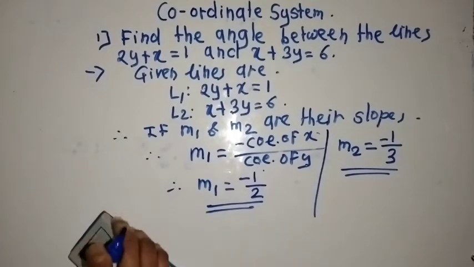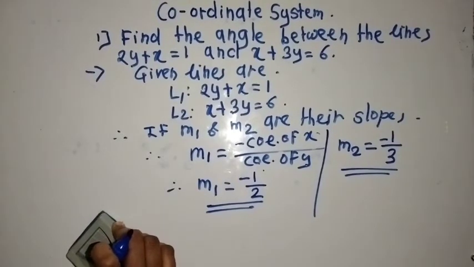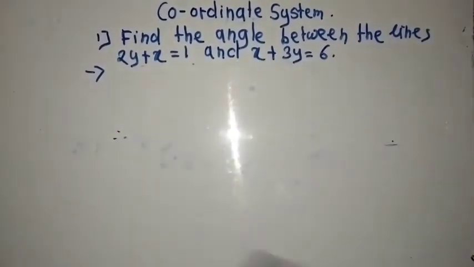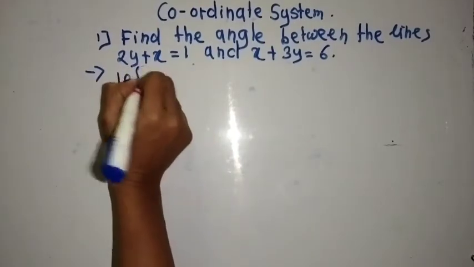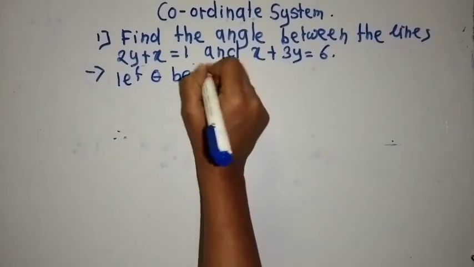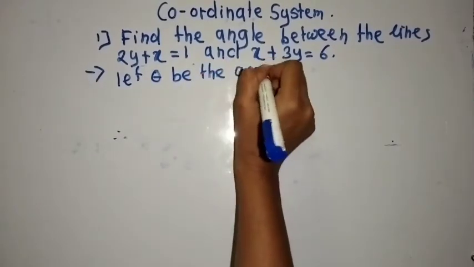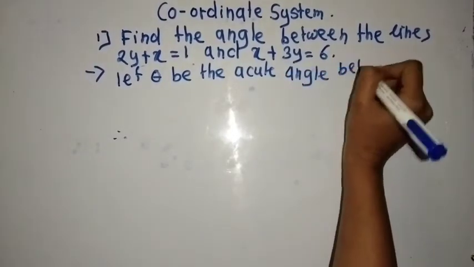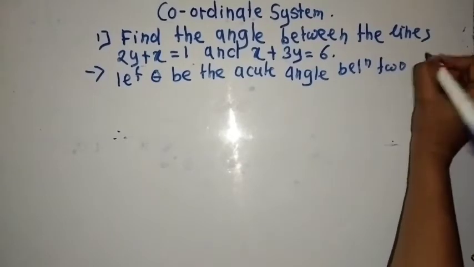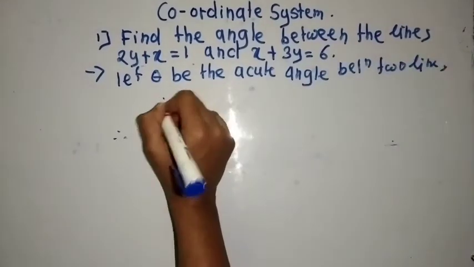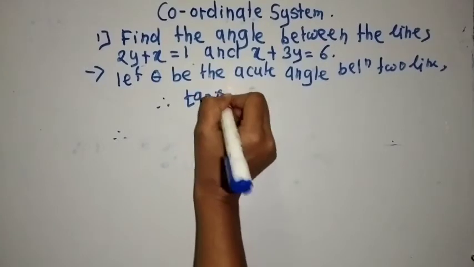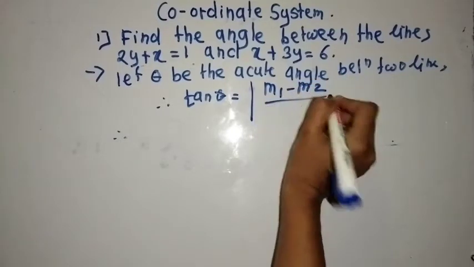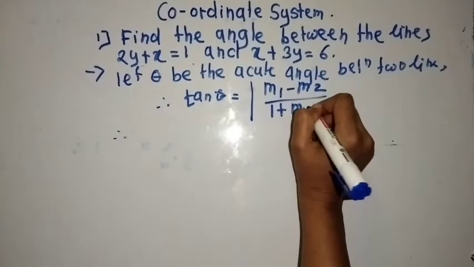Then we find out, let theta be the acute angle between the two lines. Hence tan theta is equal to mod of M1 minus M2 upon 1 plus M1 into M2.